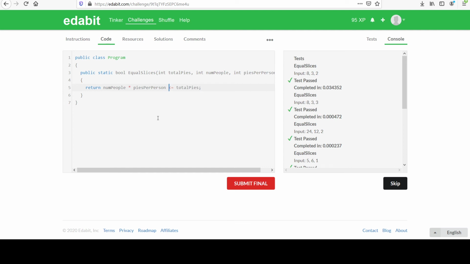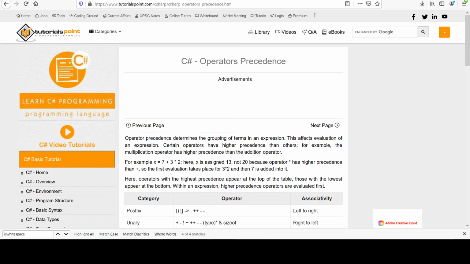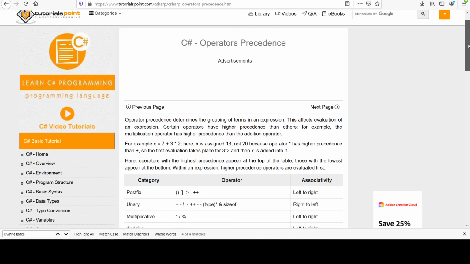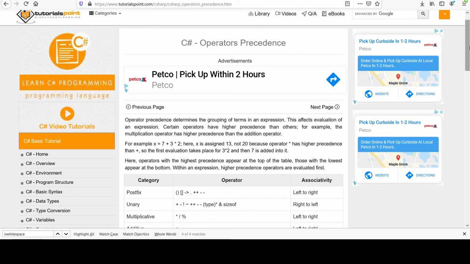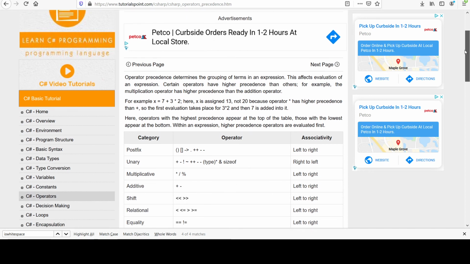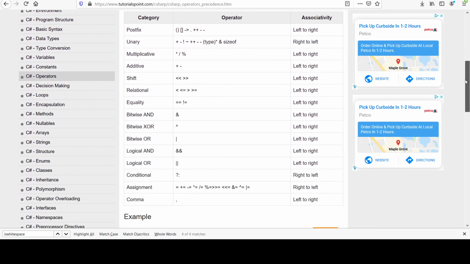And we'll go to a reference page. This page has the operator precedence here. We'll go down to their list. And in our case, we were looking at relational operators. Remember, we had less than or equal, and the multiplicative operator for multiplication.